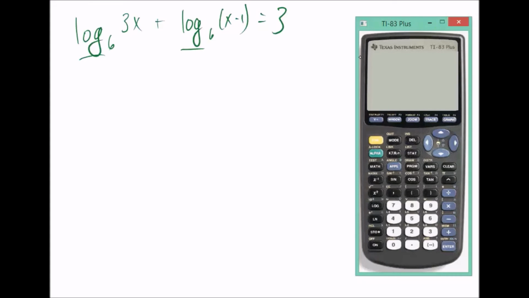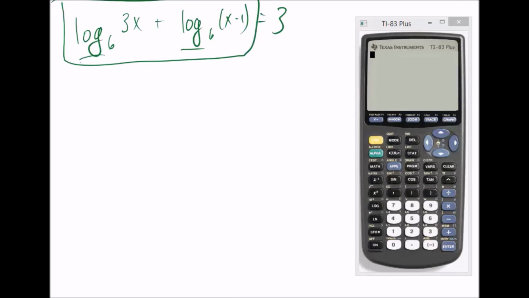However, you cannot graph this directly, because you're going to graph these two sides, y1 and y2, but you can't graph this because it's log base 6. So you have to change that using the change of base equation to where it's log base 10 so you can graph it.